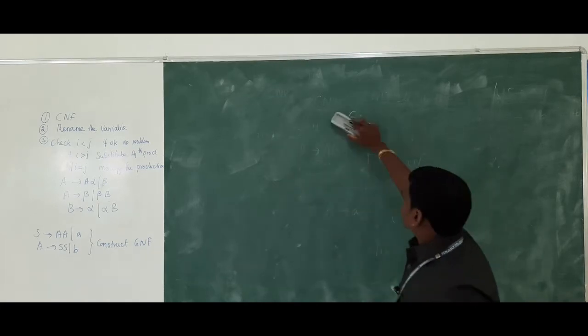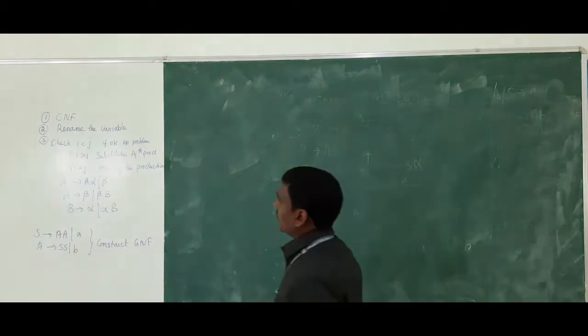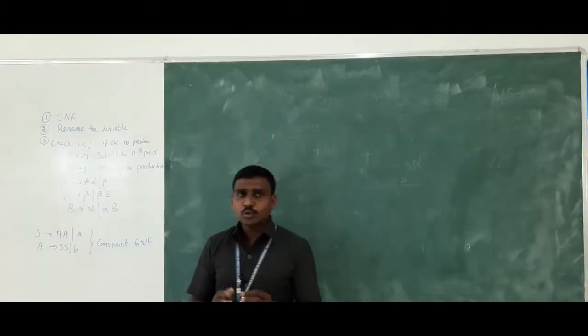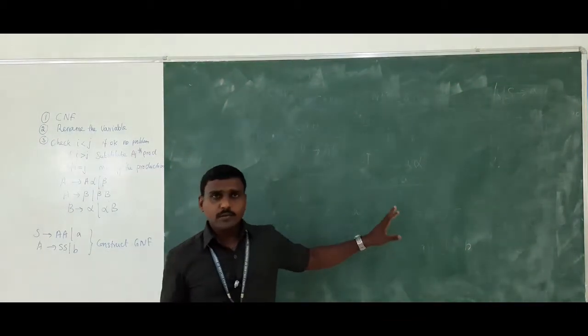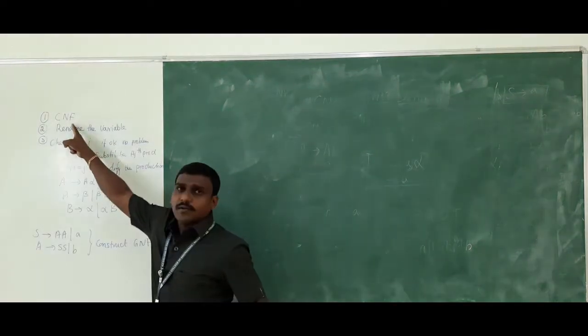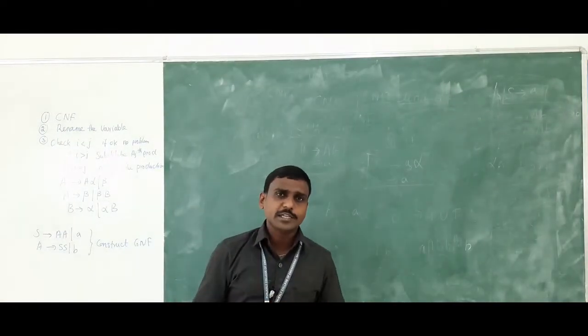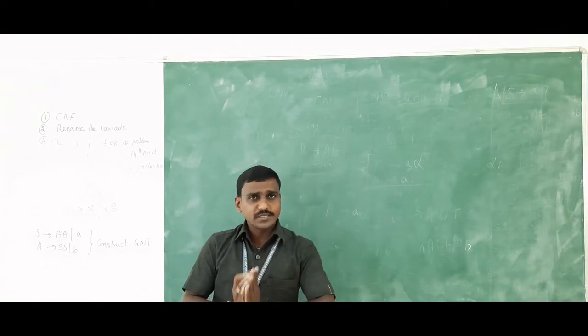Clear? Okay. So see, before that, in order to convert the given grammar into Greibach normal form, you should understand a few things. First you have to convert into Chomsky normal form. Mostly they give Chomsky normal form as the question.